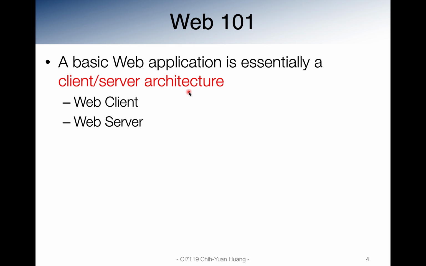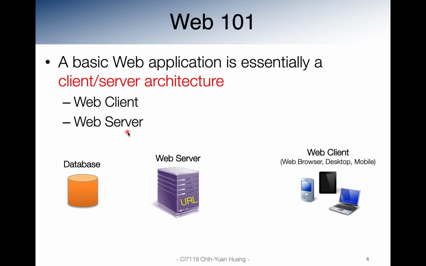In this case, a web application includes two main components. One is called the web client, and the other one is called the web server. So in general, in web applications, usually there are three main components, including the database and the web server that uses the URL as the web address to locate it on the internet.